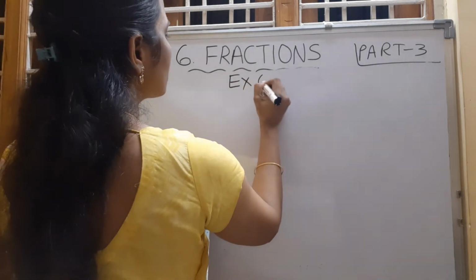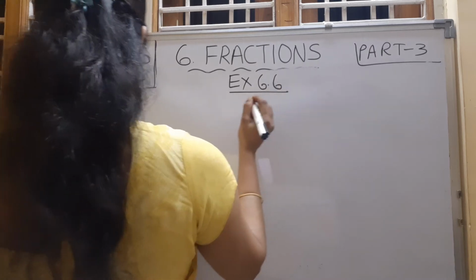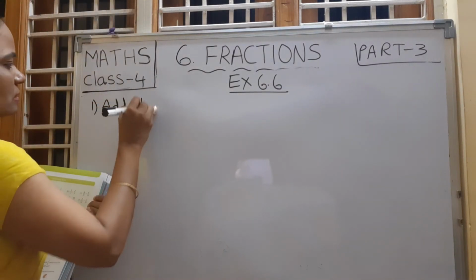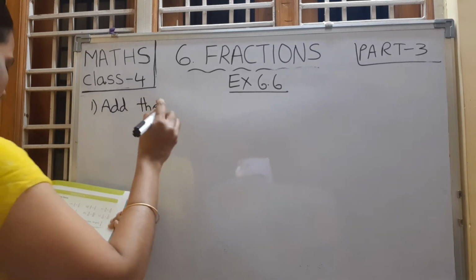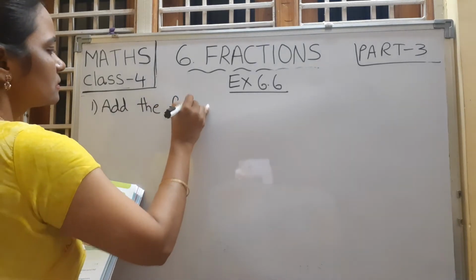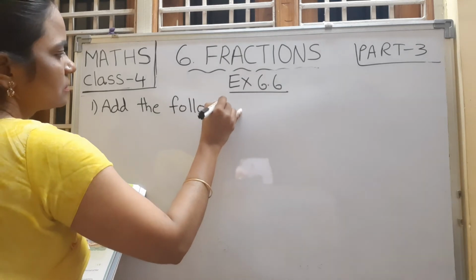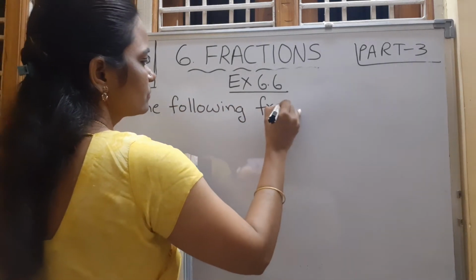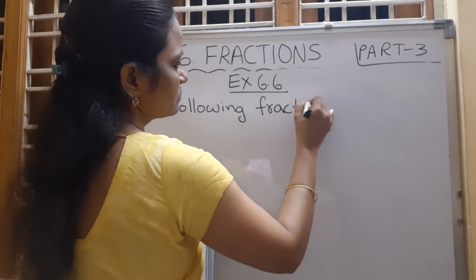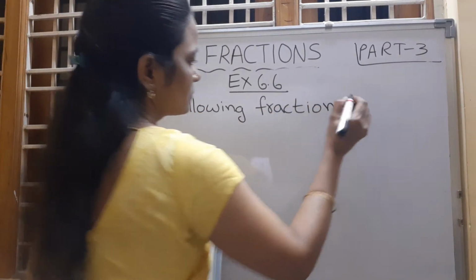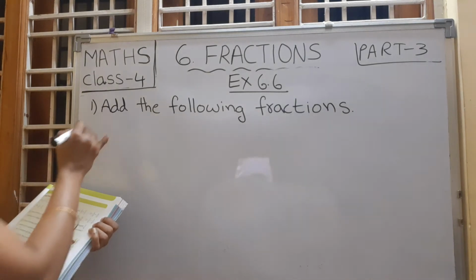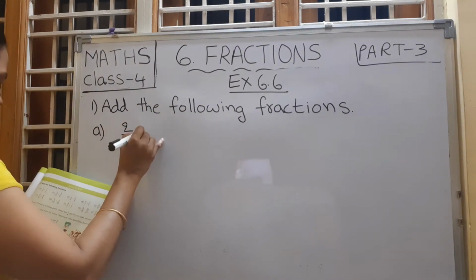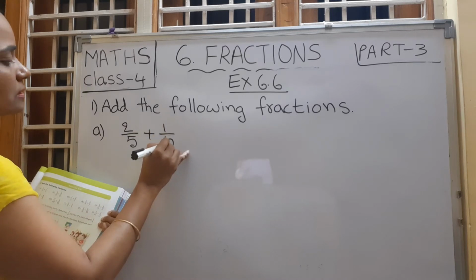Add the following fractions. A bit, 2 by 5 plus 1 by 5.